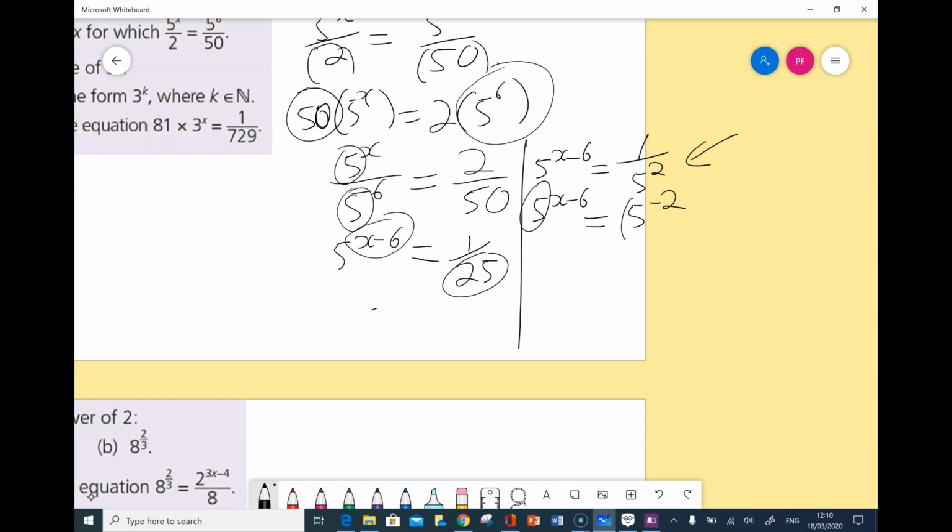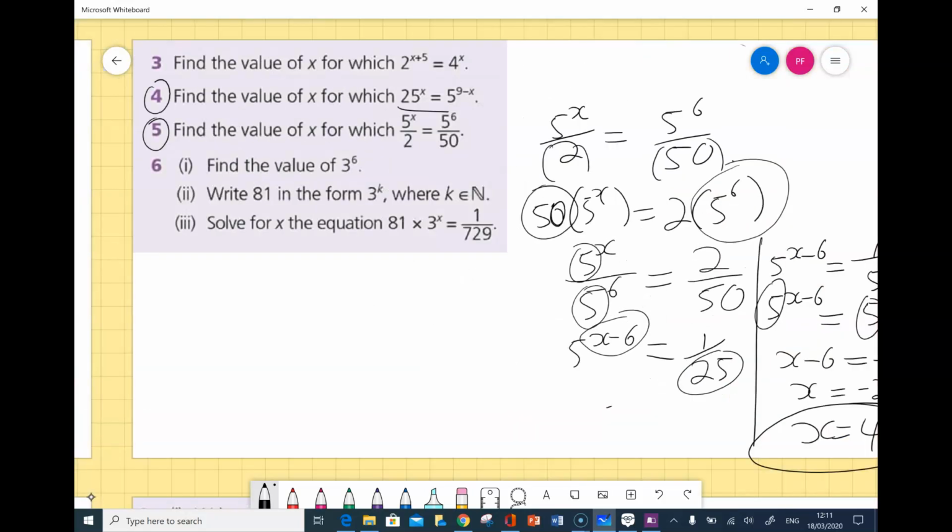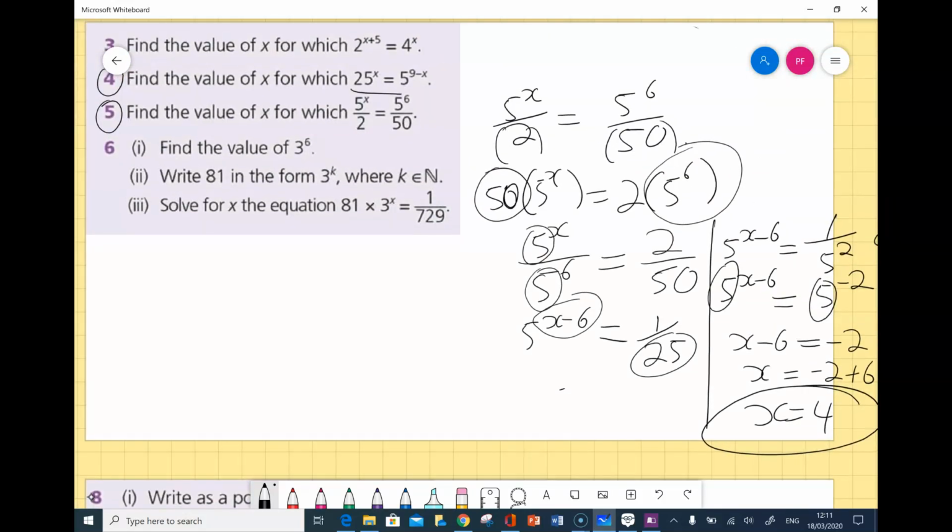Now my base numbers are the same, so my indices must be the same. x minus 6 equals minus 2. x equals minus 2 plus 6. x equals 4.